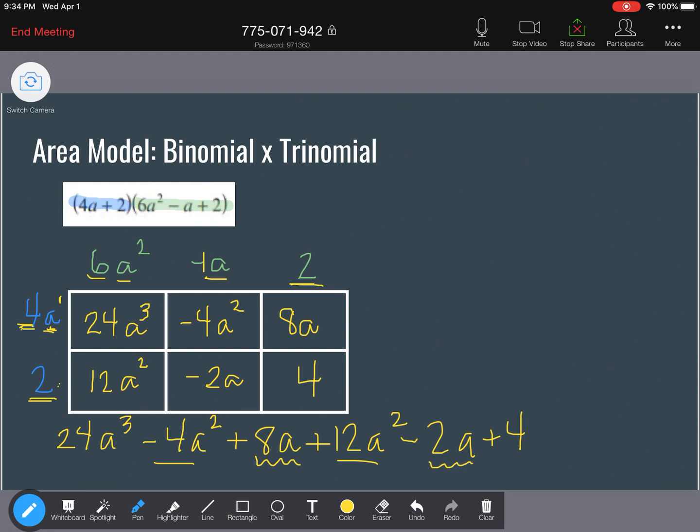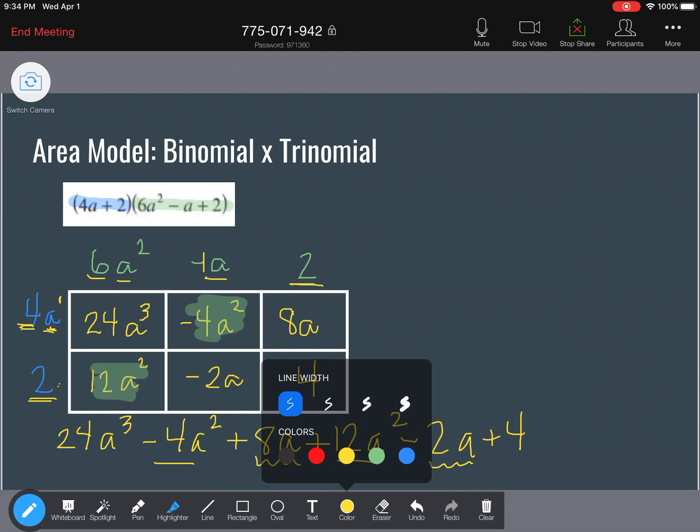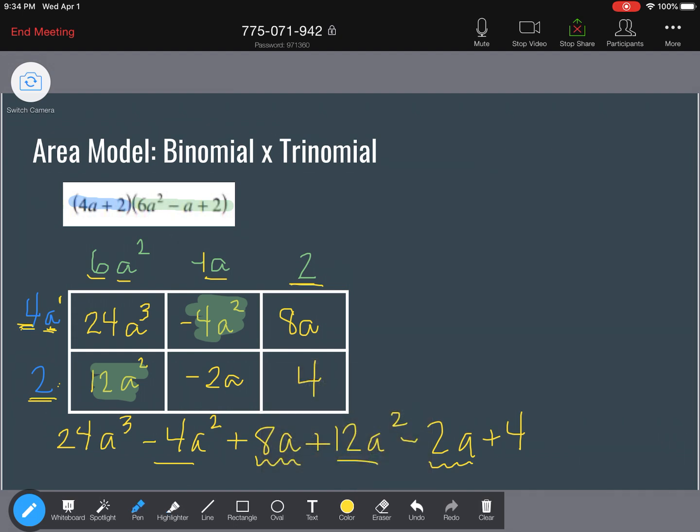We could also just look in our box and do it from here. So I'm going to point that out. Here I have, oops, let me get rid of that. Here I have my a squared term and my a squared term. So when I go to write this all out, I have a 24a cubed, and then I look back at these two terms.